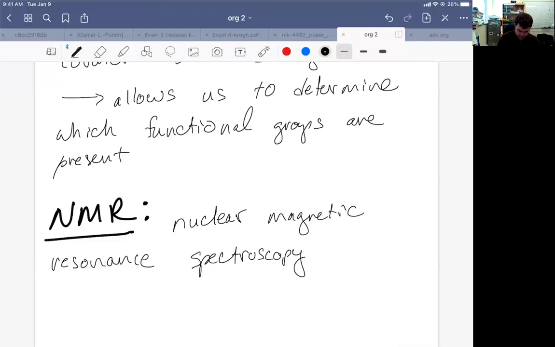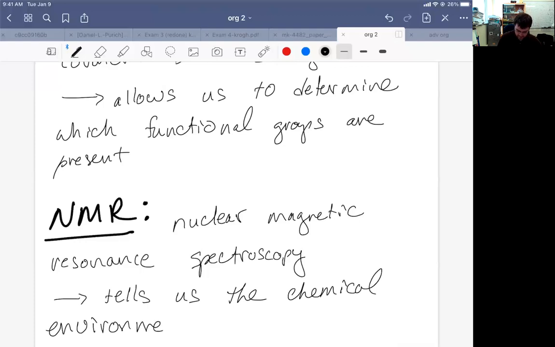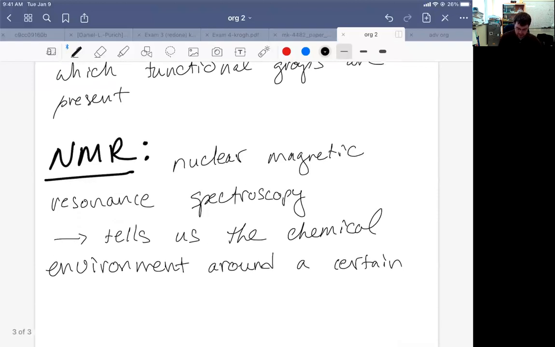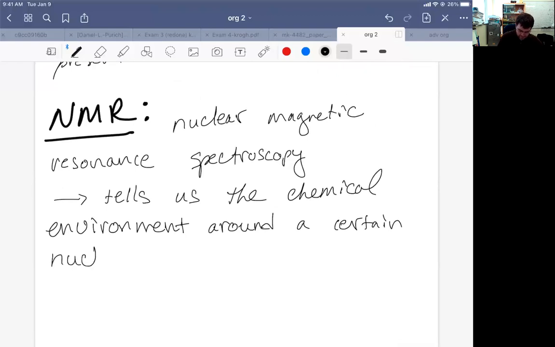What this does is tell us, or provide insight into, the chemical environment around a certain nuclei.